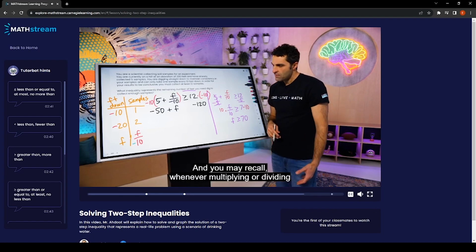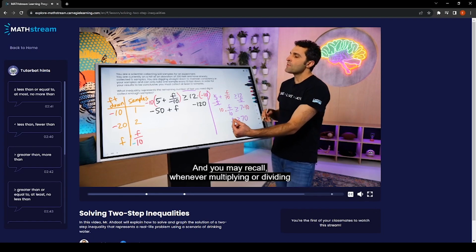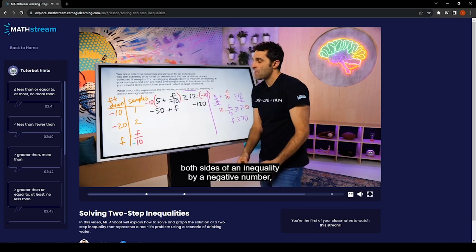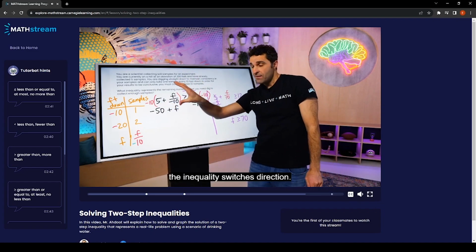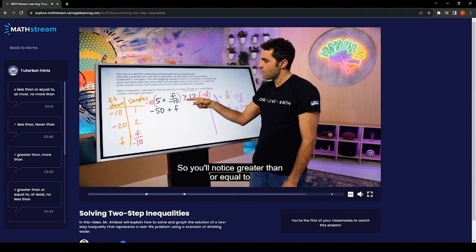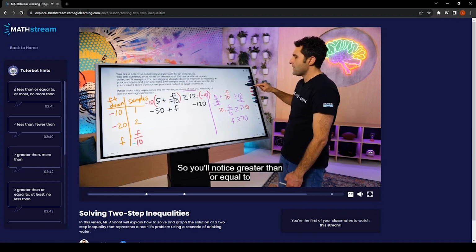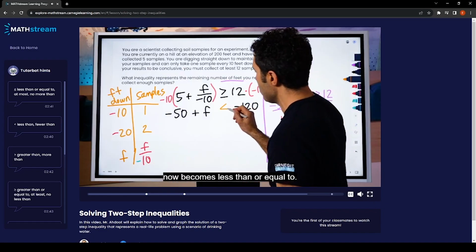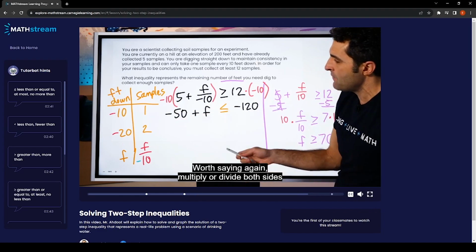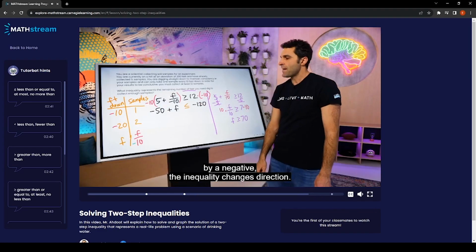And you may recall, whenever multiplying or dividing both sides of an inequality by a negative number, the inequality switches direction. So you'll notice greater than or equal to now becomes less than or equal to. Worth saying again, multiply or divide both sides by a negative, the inequality changes direction.